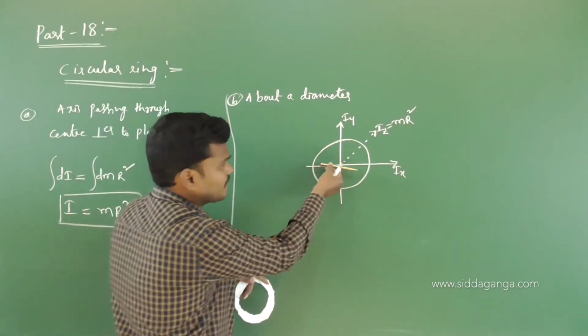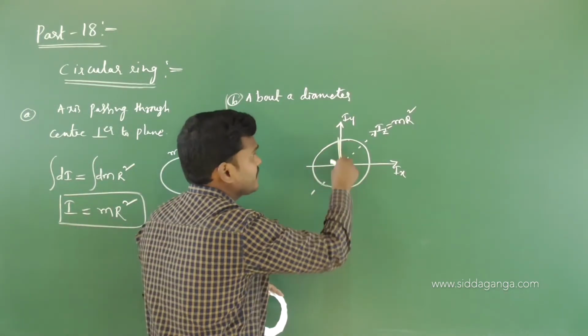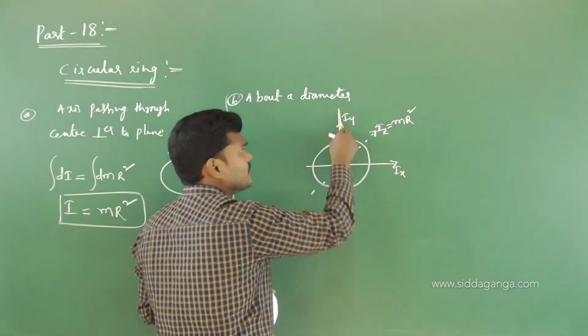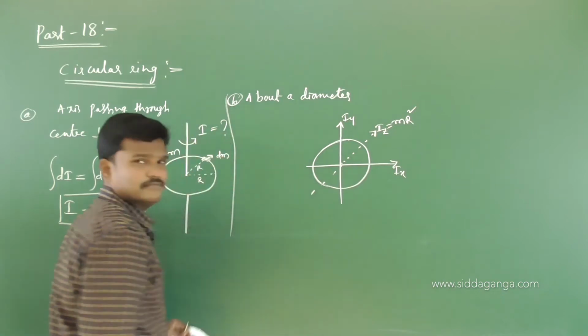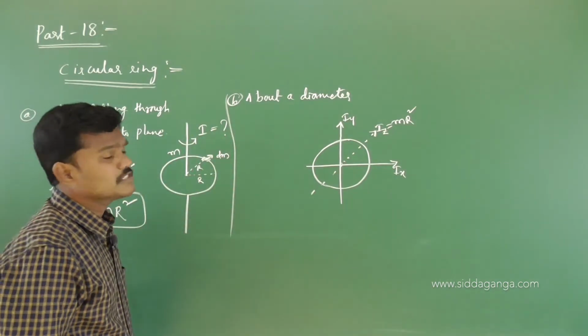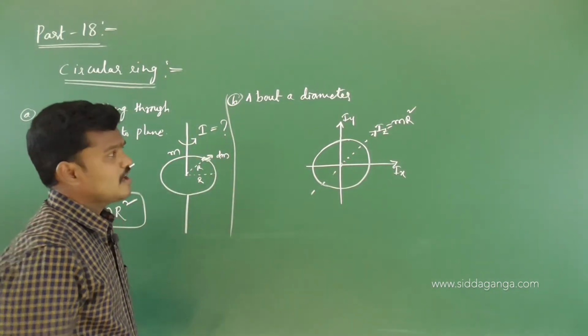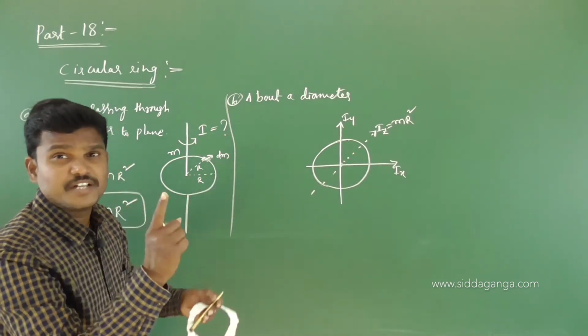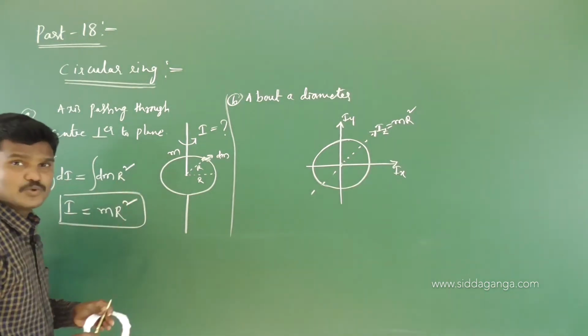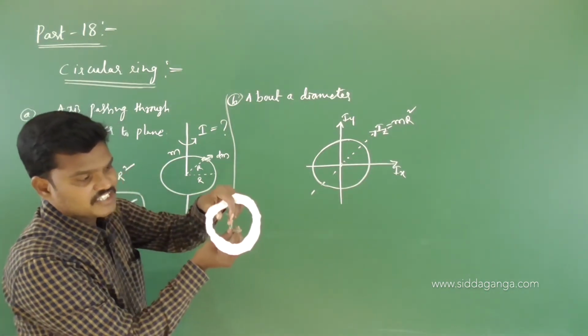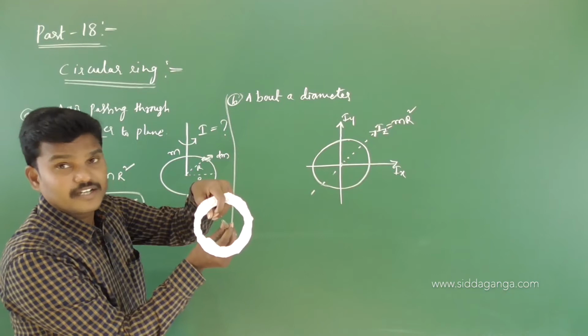See, this is a diametrical line, this is also about a diameter. Due to symmetry, Ix and Iy values are equal, and Iz is the axis passing through center perpendicular to the plane of the ring. Iz is already calculated.